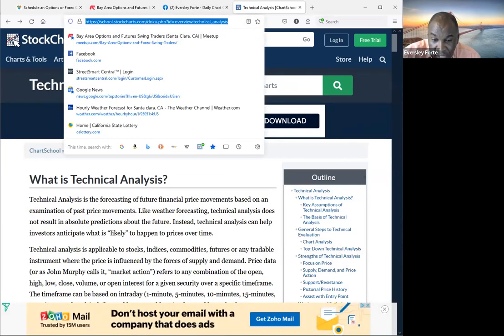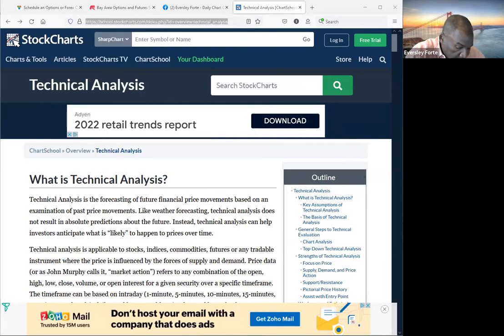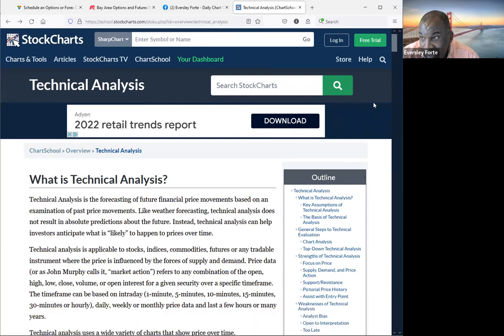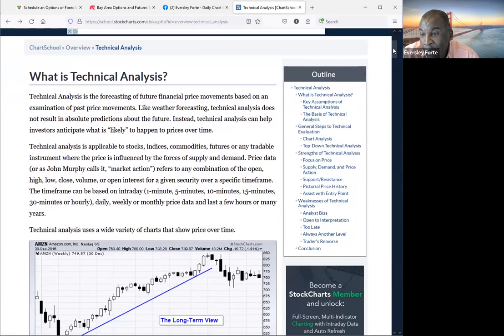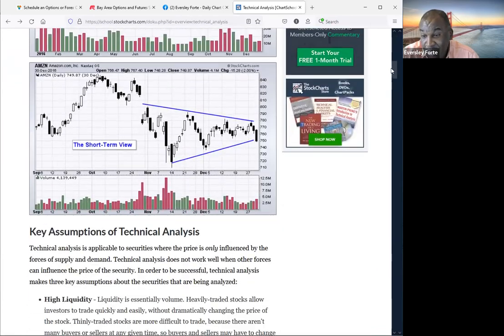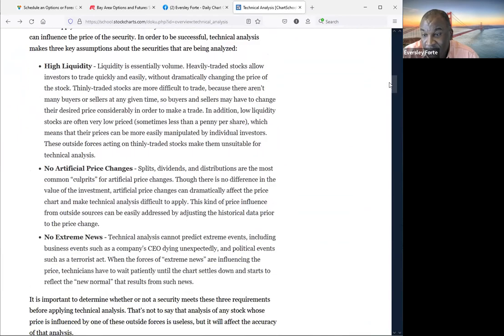This is an article on technical analysis that's really good. For newer people, I just put the link into the chat window. It's a really good article on technical analysis that explains more clearly than I possibly could why we use technical analysis rather than fundamental analysis. Everything is there.